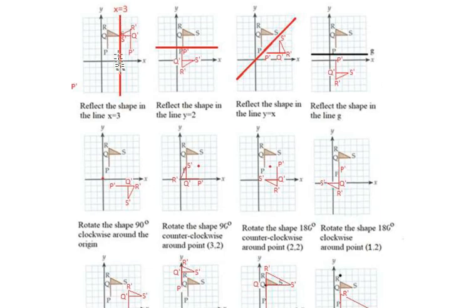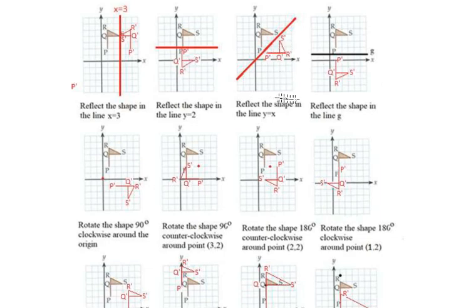Vertical line for x equals something. Notice that P is right on the mirror line, and so P dash stays on the mirror line. Q is 2 spaces above the mirror line, Q dash will be 2 spaces below the mirror line, and so forth. S is 2 spaces above, so S dash is 2 spaces below.